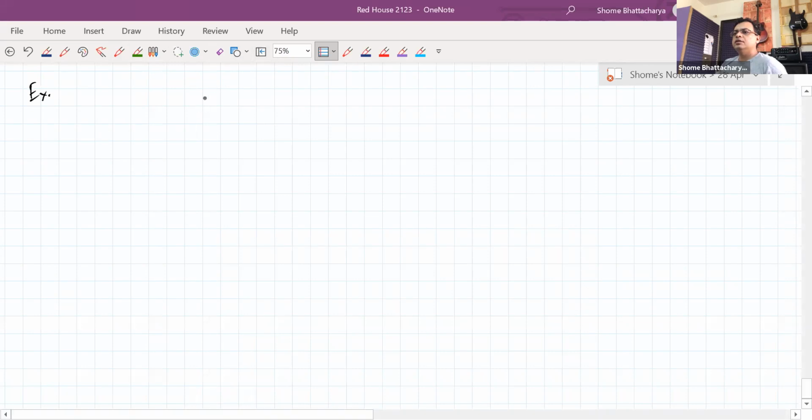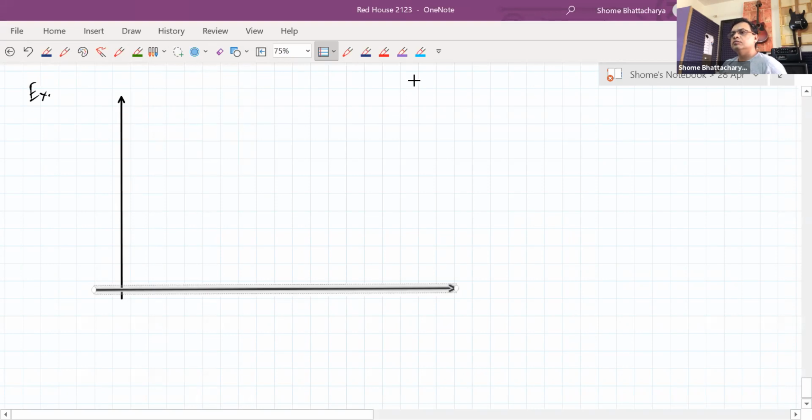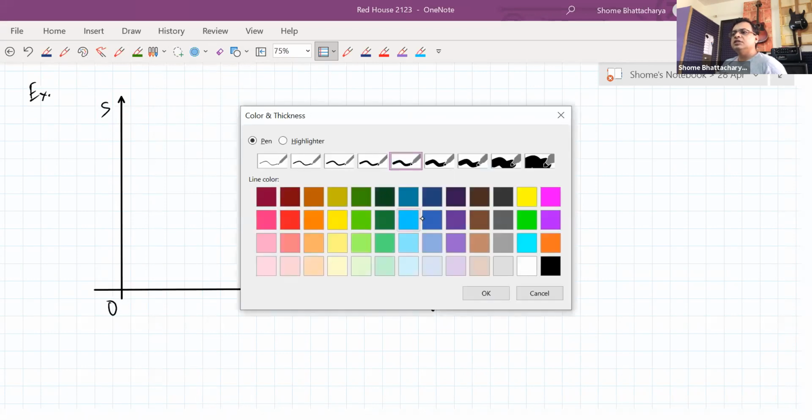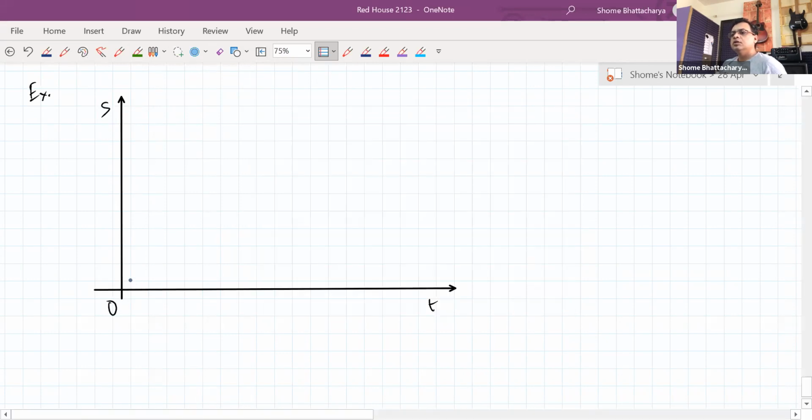Now suppose we had a situation where the distance versus time is changing like this.